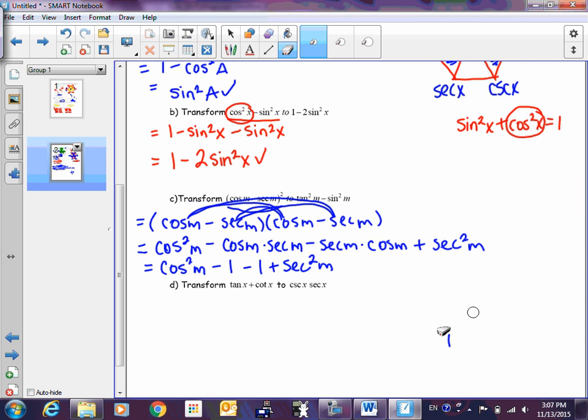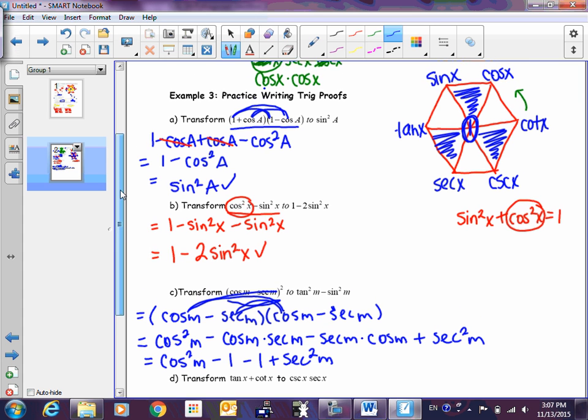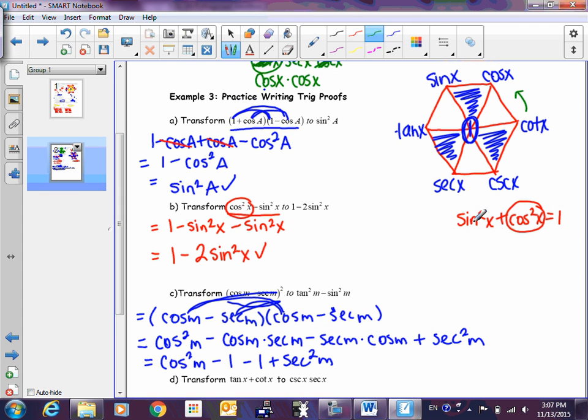Okay. So now I'm getting a little bit of what I want, and I'm going to erase this just so we can see what we're trying to get to. It looks like I need to get rid of one of these 1s and a cosine and replace it with either tan squared or sine squared, and I need to do the same thing with the other. So if we look back at our trig hexagon, I think it would be helpful here, especially since this is early, for us to go ahead and write these other identities.